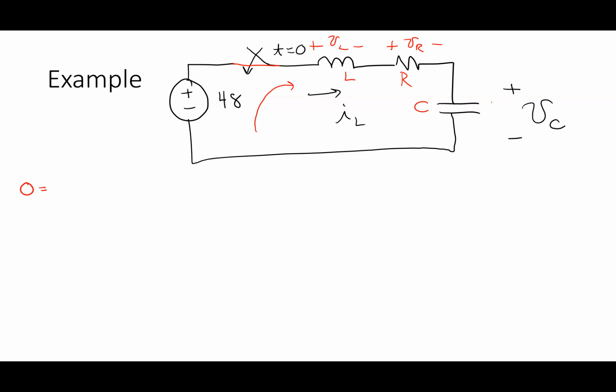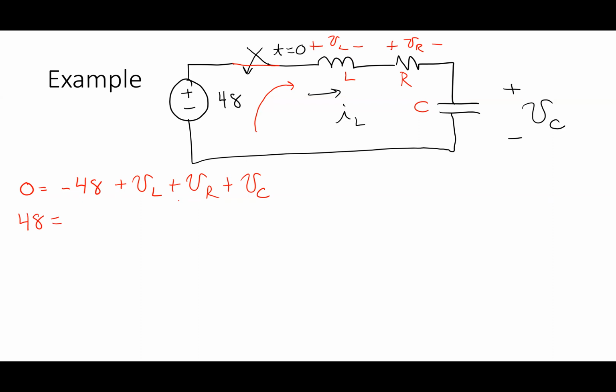That's negative 48, since I'm going from minus to plus. Then I go plus to minus on the inductor, so that's plus VL. Then plus to minus on the resistor, and then plus to minus on the capacitor. So I'm going to turn that into 48 equals VL plus VR plus VC.